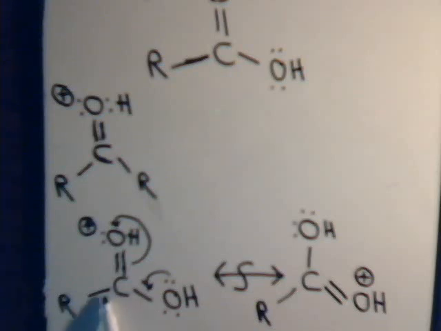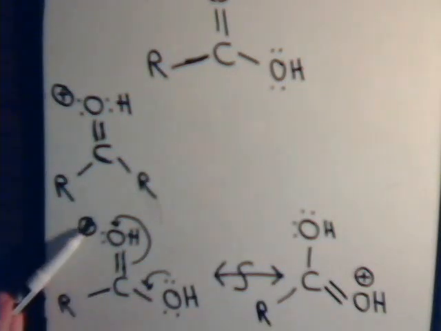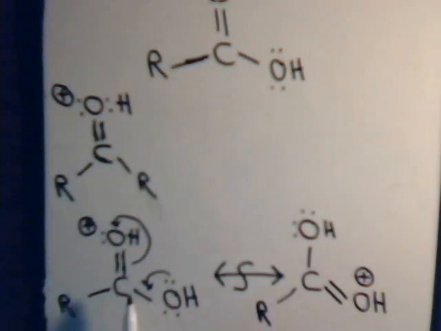Imagine here we have carbon attached to this R group. If we just rotate this 180 degrees, then this would be down here, and this would be up here. So in fact, these two resonant forms are symmetrical with each other. And if you go back and look at the other videos, you'll see that we don't have any separation of positive and negative charges as we had in some of the other examples. So this is actually a pretty well stabilized resonance system.